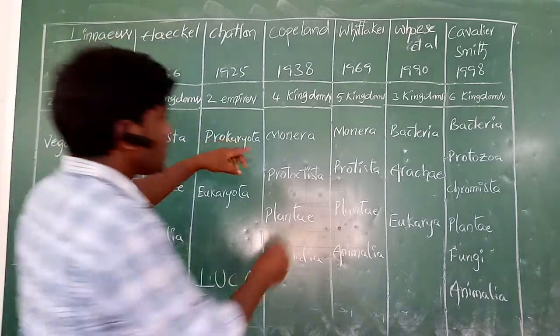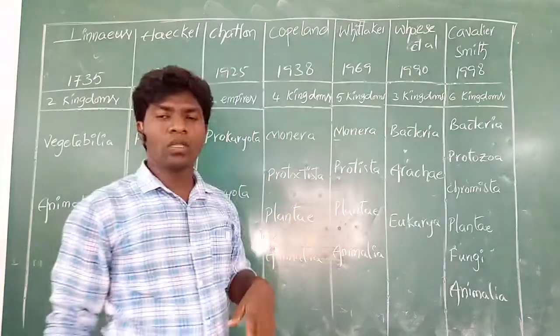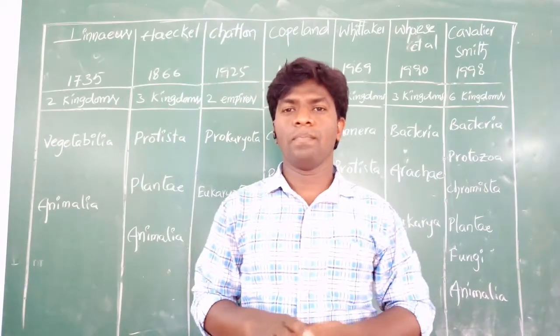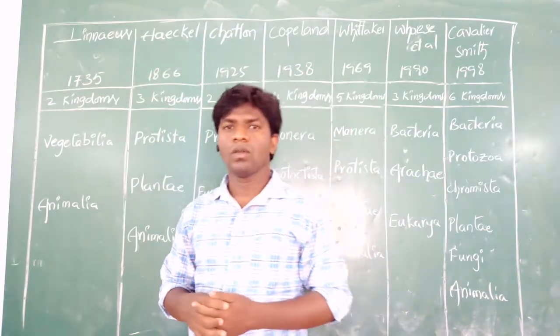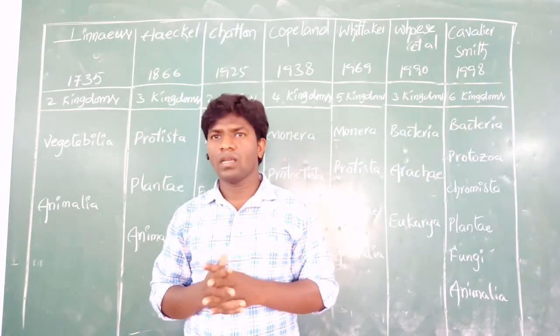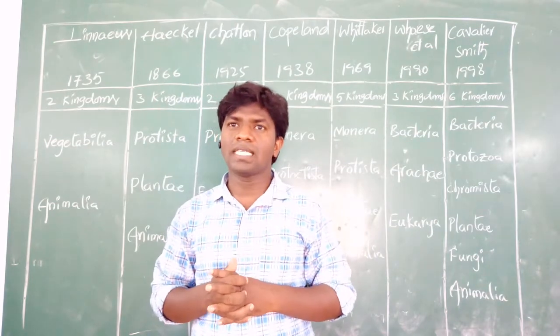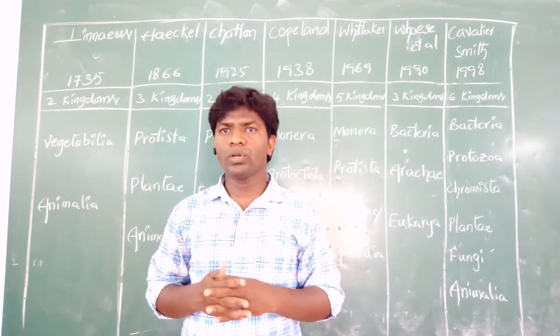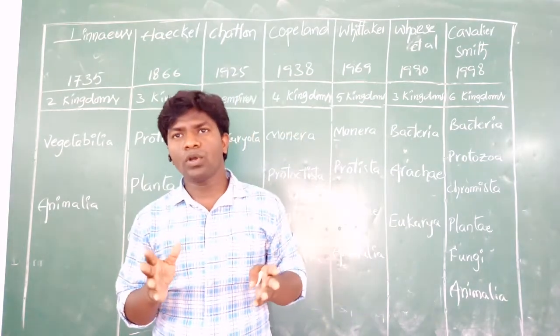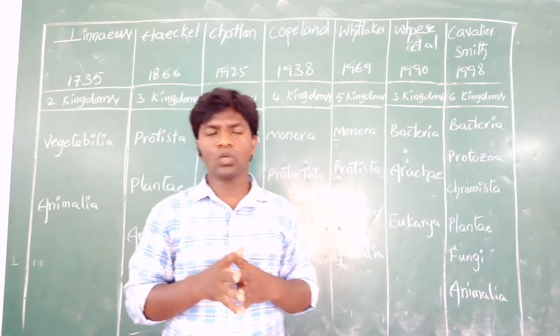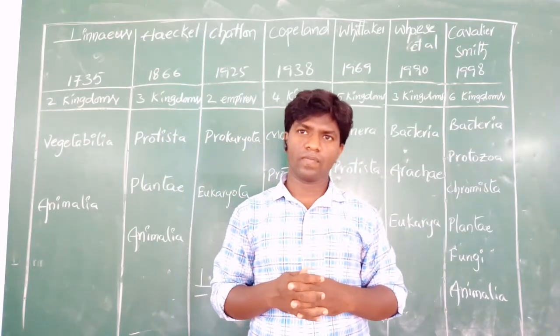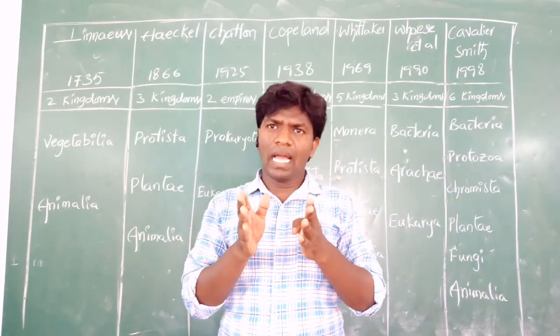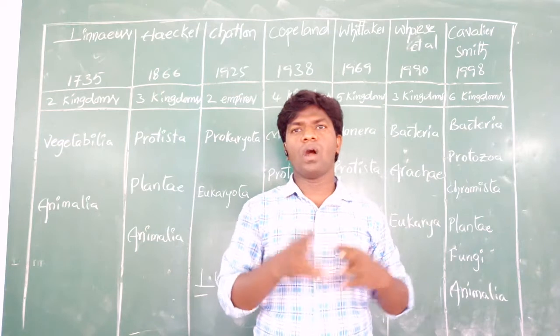Monera, the first one. What is Monera? Some common characteristics of the Monera kingdom: these organisms have cells with no membrane-bound nucleus. They reproduce by splitting into two organisms. They absorb nutrients from outside.